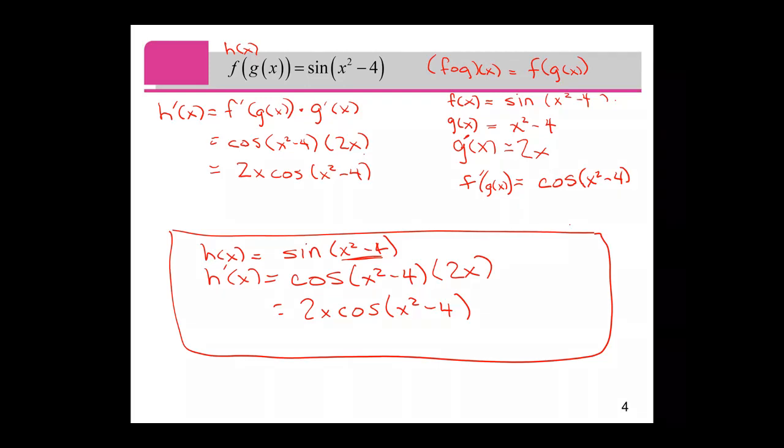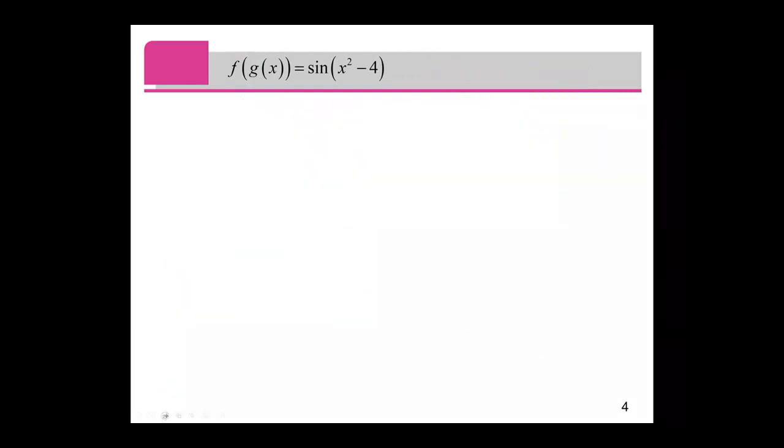And again, learning the chain rule is probably the most important thing that you're going to do this semester. There are other things, but we have to know how to do the chain rule. Okay, has everybody got this copied? I'm going to erase it because I want to show you a different way to do it. Okay, so I'm going to erase and we're going to start again.